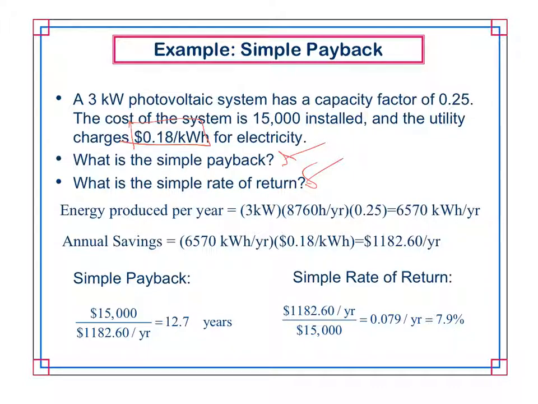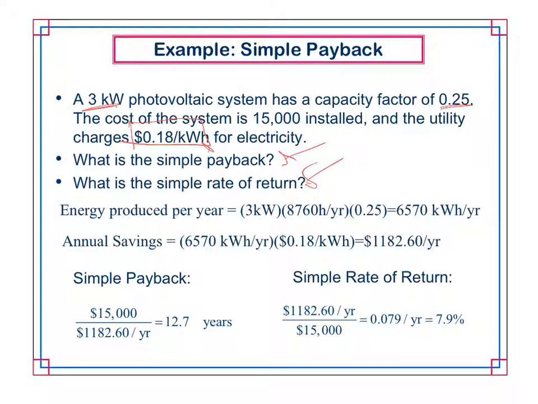That's why we need to know the size of the unit, the capacity factor, which tells me how many kilowatt hours this facility is going to produce, and I also need to know what it's going to cost for power, because I don't have to buy power anymore at 18 cents a kilowatt hour. It's going to be defrayed by the fact that I've installed my PV system.